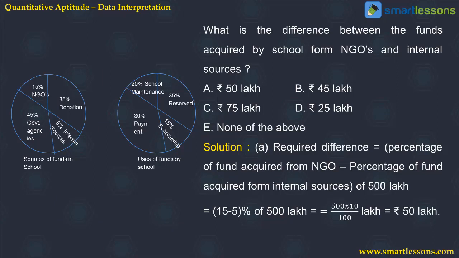So what is the difference? 15 minus 5%, that is 10%. Now the total fund is 500 lakh, so what is 10% of 500 lakh? 50 lakh, right? So the difference is 50 lakh. Which option is correct? Option A is the correct option.